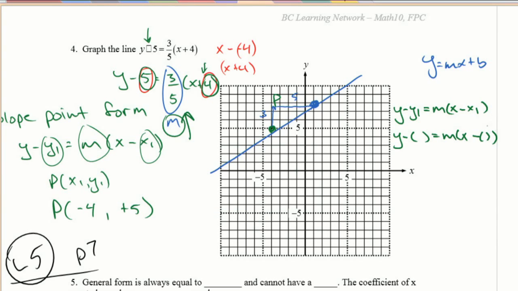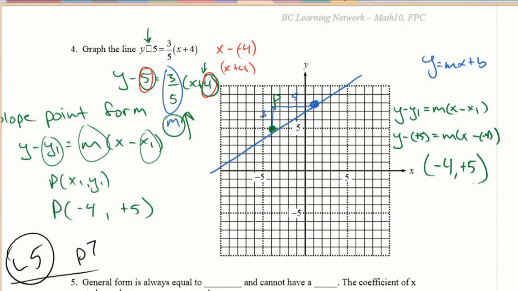I guess that was maybe the trickiest part of doing this, is determining what that point was. So in this case, the minus 5 was here, so I put in a plus 5. And over here I had a plus 4, so I needed to put in a minus 4 to end up with the right sign. So my point was -4, +5. I have the slope, and I can go from there.